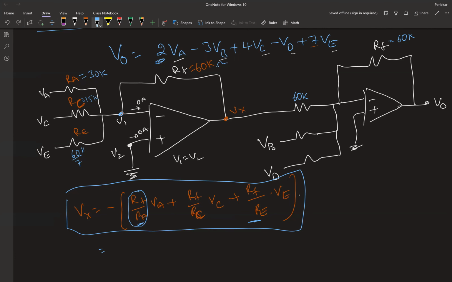All it needs to do is invert. So VB, I'm going to choose this as RB, this as RD. The coefficient of VD is 1, so I'm going to choose this also as 60K, and VB has 3, so 60 divided by 20K will give me 3.